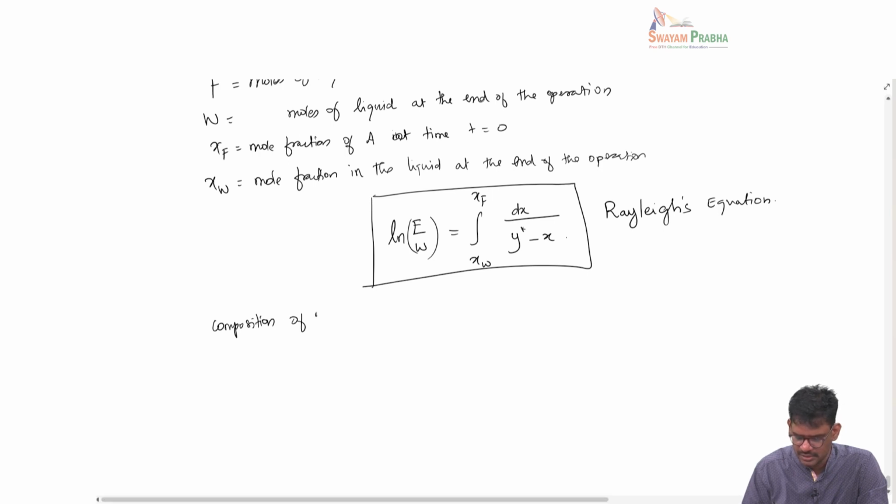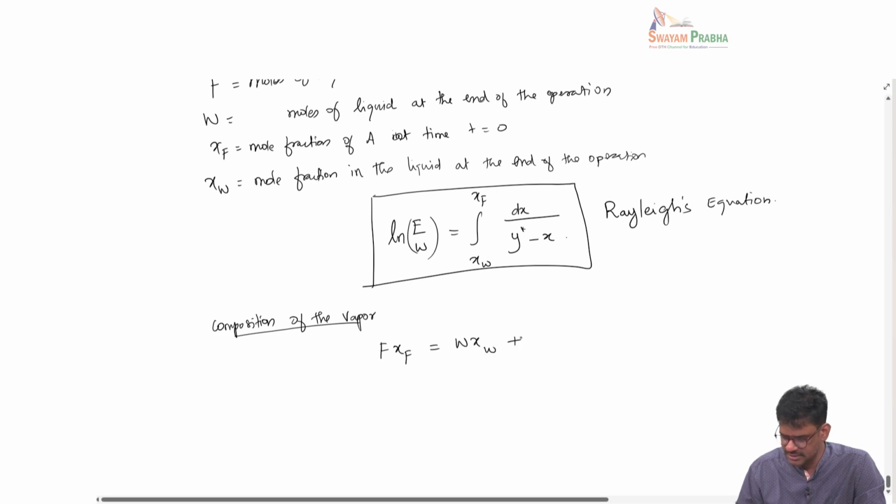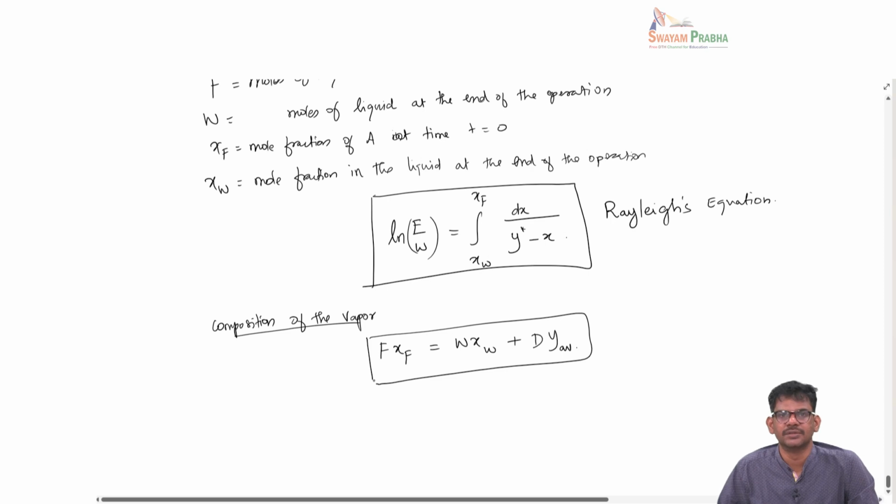The composition of the vapor can be obtained from a simple mass balance. Remember, F times xf should be equal to W times xw plus D times some y average. The total moles of A present in the beginning is now distributed into the residual liquid and the vapor we have collected over a period of time.